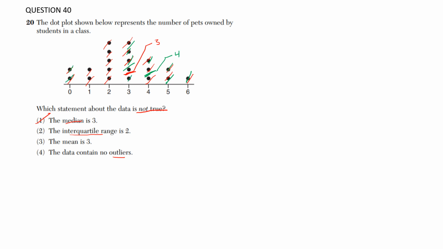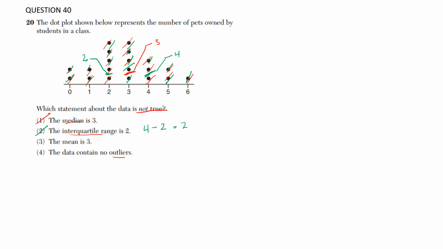Let's cross out 2 from this side, cross out 2 from that side, cross out another 2, cross out another 2, and then we have the first quartile in between these two values, which is just a 2. So interquartile range is the third quartile, 4, minus the first quartile, 2, equals 2, which is correct.